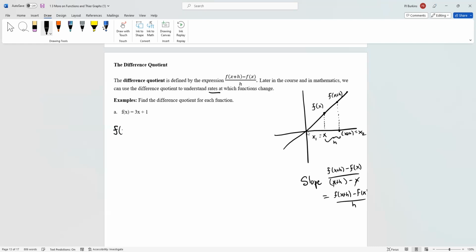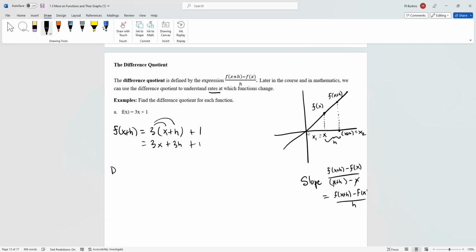So first we need to do f of x plus h. I'll do this separately first, and then on the next examples, I'm just going to go ahead and plug it in. That means that everywhere I see an x, I put a set of parentheses, and I need to plug in x plus h. So this becomes 3x plus 3h, I distribute, plus 1. And that's as best as I can do there.